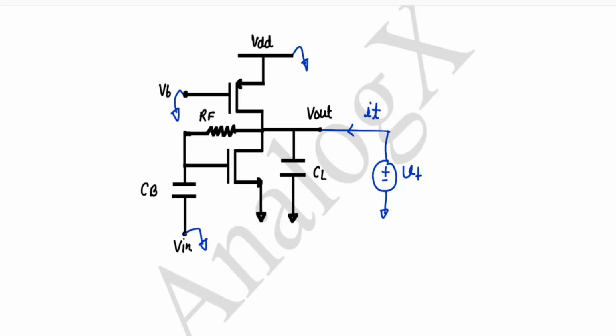Okay, so now we will see how these both capacitances will behave across different frequency ranges of operation. Now we know that our reactance is 1 by omega C. So it's inversely proportional to frequency and capacitance.